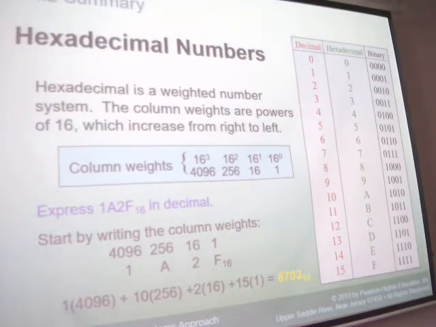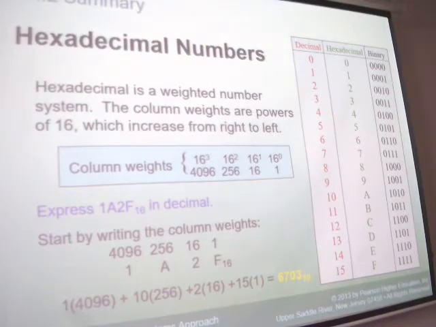But 16^2. Please see the blackboard. 16 times 16. 6 times 6 is 36, so 6 and carry 3. 1 times 6 is 6, 6 plus 3 is 9, so 96, right?